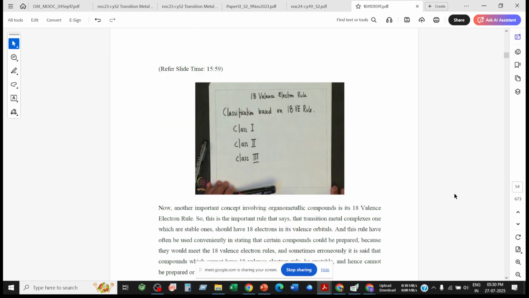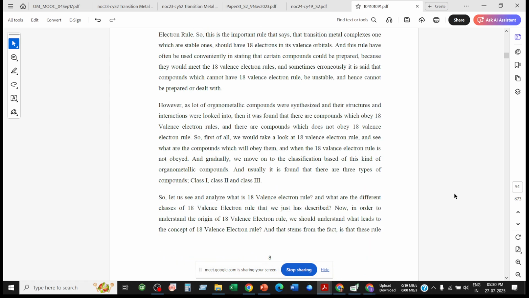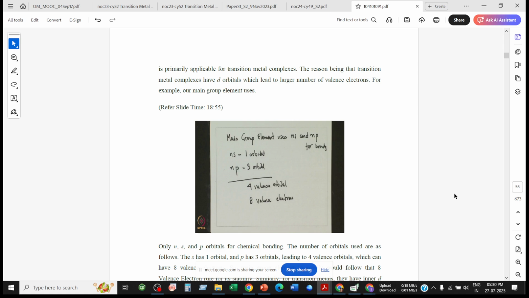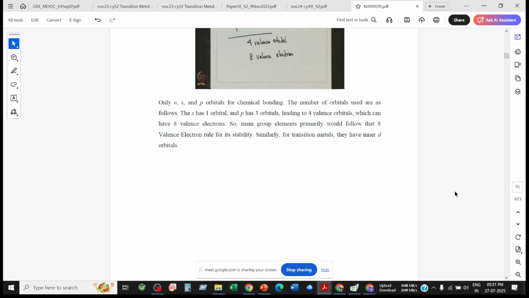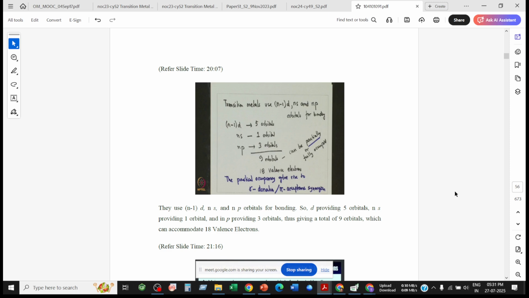In the last video, lecture 5, we will have the concept of 18 electrons. Here you can see how the 18 electron count comes: 5 orbitals from the d, 1 orbital from the s and 3 orbitals from the p give 9 orbitals in total, which will hold 18 valence electrons.